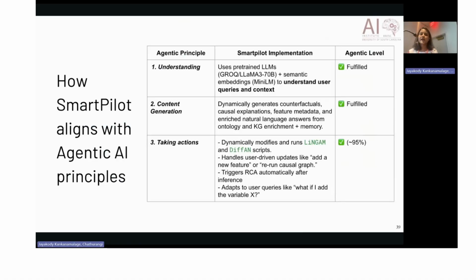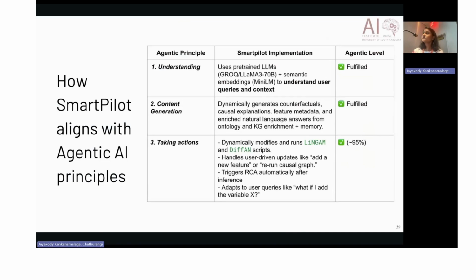And then we do content generation, means we dynamically generate the counterfactual causal explanations, and we analyze the feature metadata and enrich the natural language answers from the knowledge sources that we have, the ontology and the smart manufacturing knowledge graph.